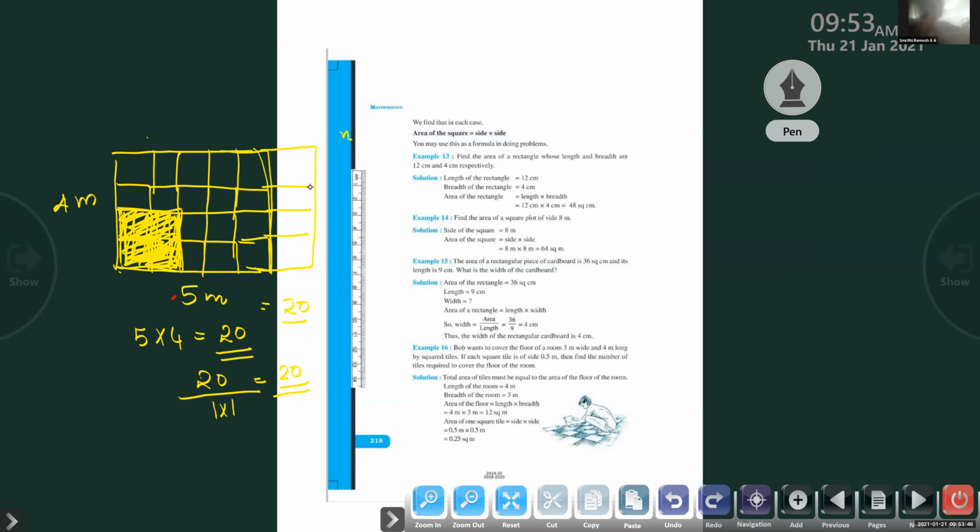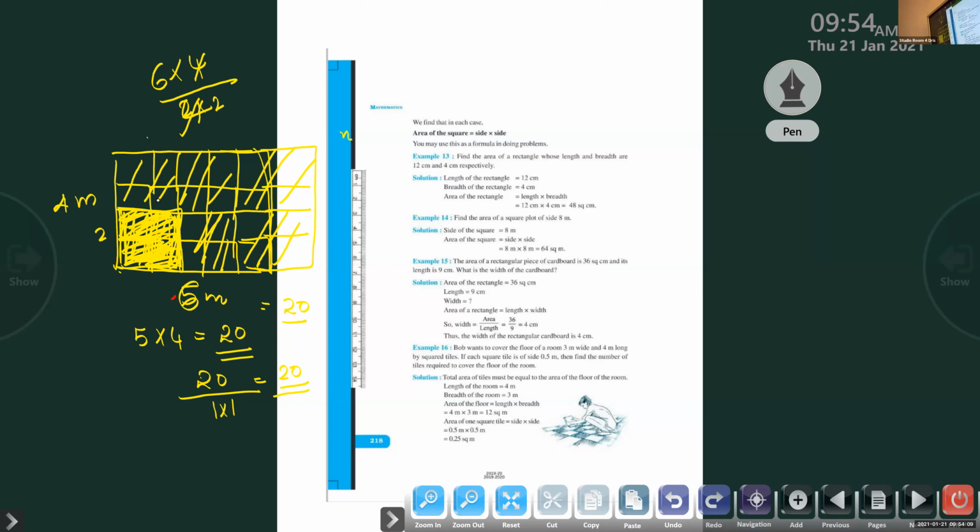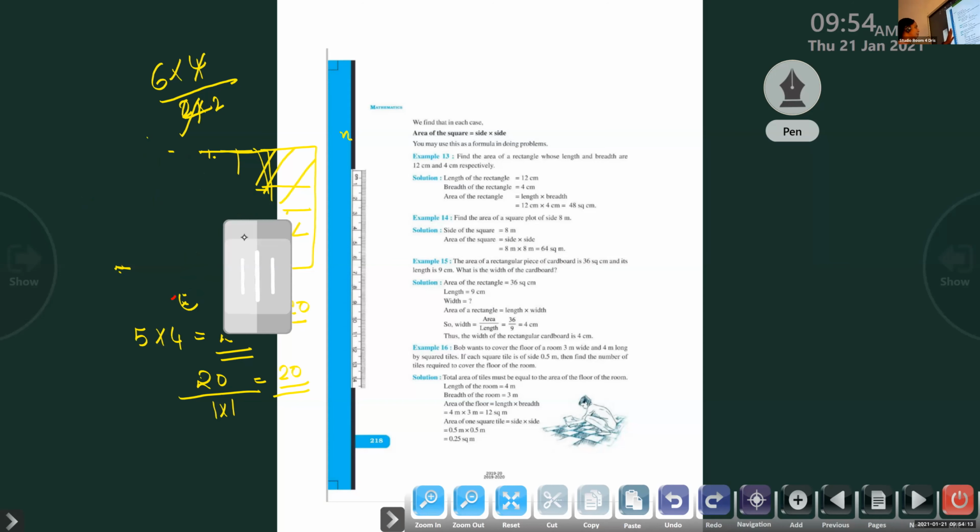Ma'am, 6. 6 into 4 divided by the tile's area, 2 into 2, 4. So 6 tiles. Let us check. 1, 2, 3, 4, 5 and 6 tiles. Clear? So that is the method of doing.